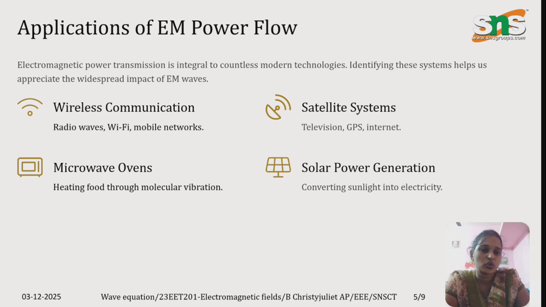Finally, we use solar power generation for converting sunlight into electricity. So countless modern technologies rely on electromagnetic power transmission. In simple terms, it is an integral part of every modern technology that we are witnessing and utilizing in our day-to-day life.